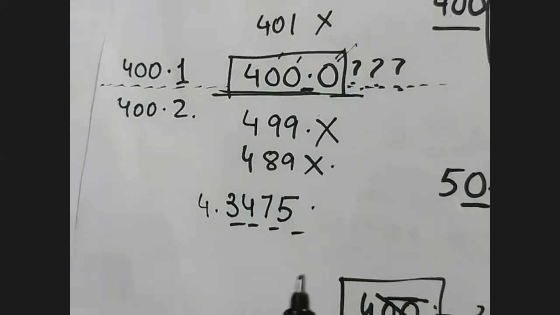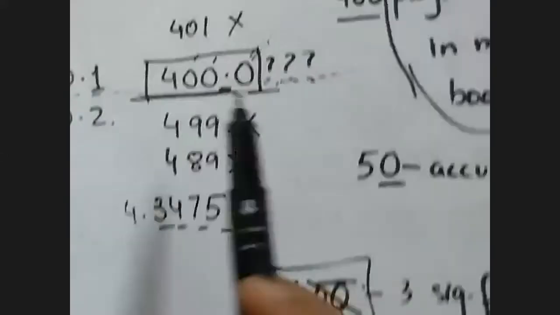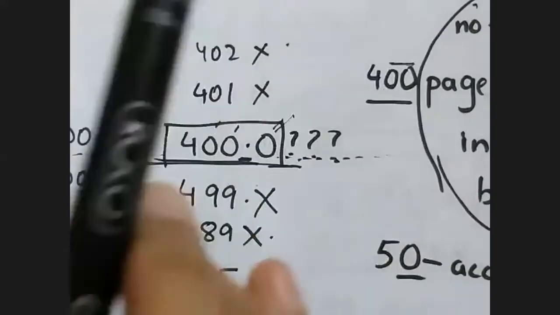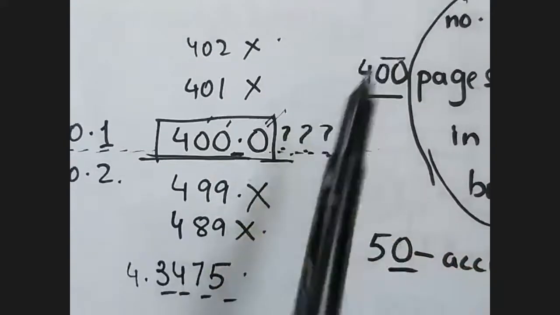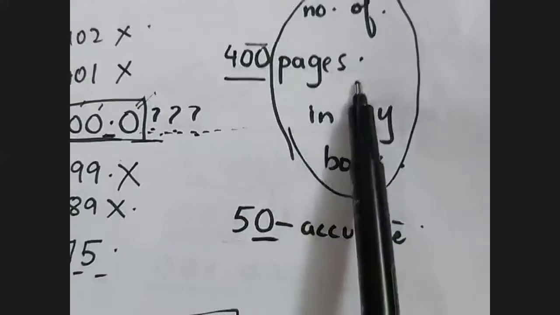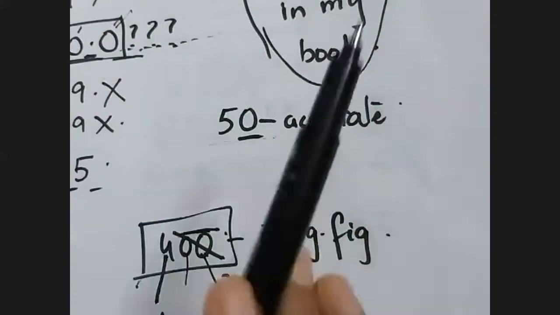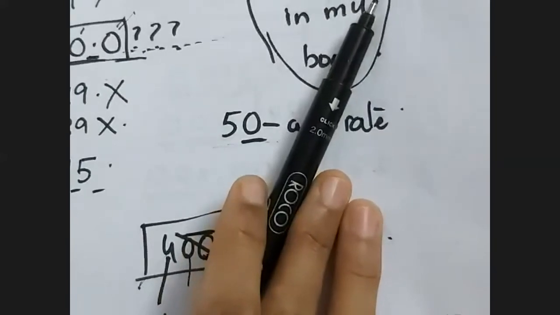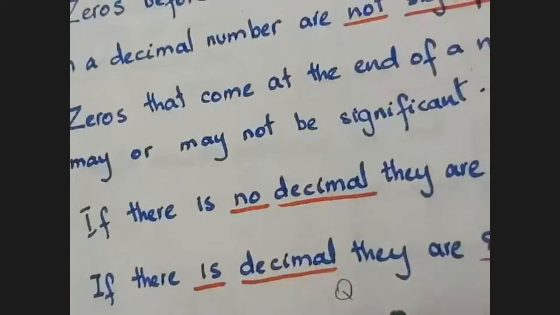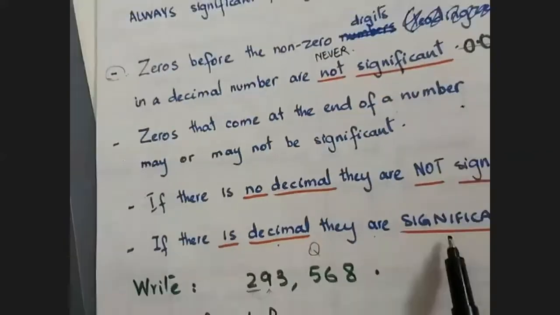So the rule is that if you have a decimal, then the trailing zeros are significant, meaning they are accurate. And if there is no decimal and we have no other piece of information, then the trailing zeros are not significant. I hope I made sense to you. Let me read this rule again. If there is a decimal, the trailing zeros are significant.